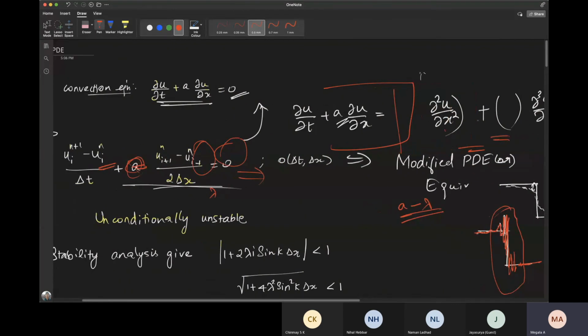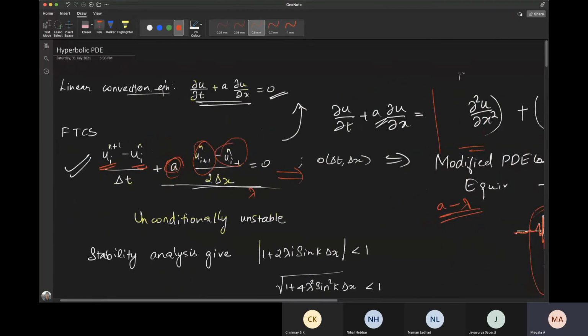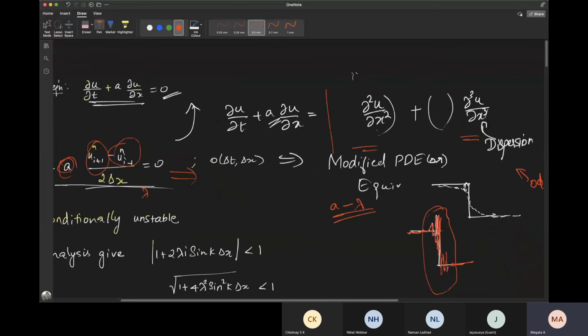Is that okay? Are you clear about how to do this modified PDE or equivalent PDE approach? Okay.